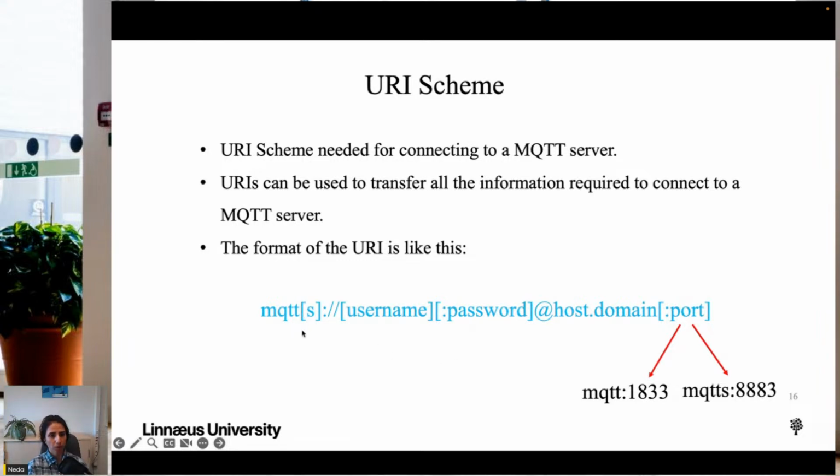We can have mqtt and mqtts, then colon, slash, forward slash, and your username and the password @ the DNS, that is host.domain, and port. In the case that you are using MQTT, the port is 1883, and in case that you are using MQTT Secure, it is 8883. So we should know that this is the pattern of how we are connecting.